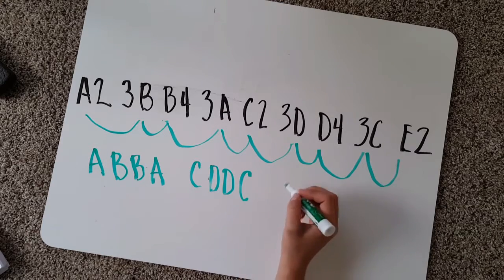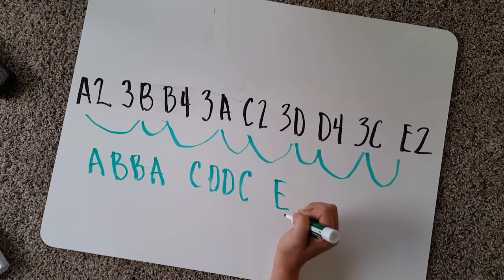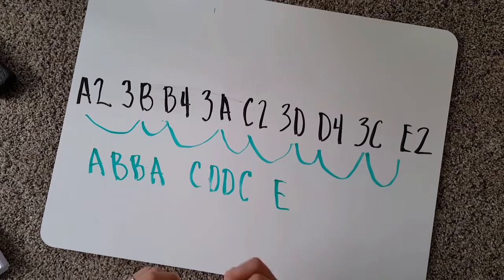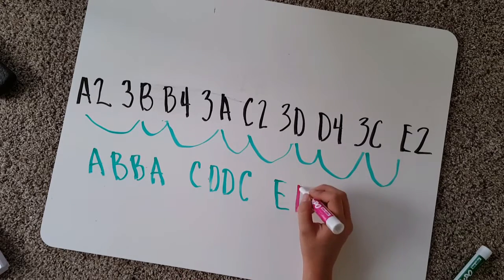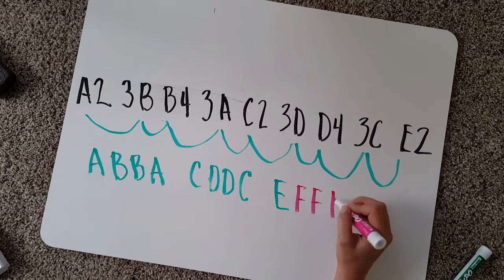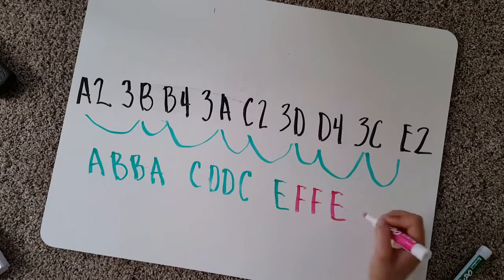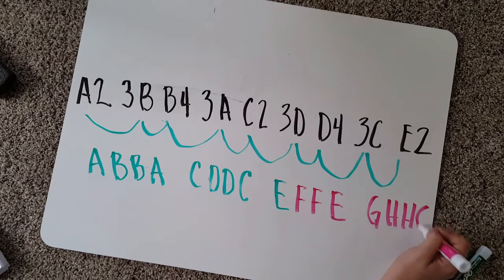And then, the next one after D would be E. If you went on this way, then you would guess that if you doubled it, you'd have E, F, F, and then you'd come back to your E. And then you continue it like G, H, H, G.